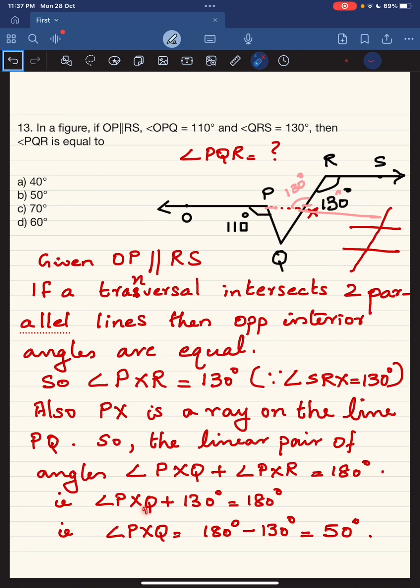So angle PXQ is equal to 180 degrees minus 130 degrees, which is 50 degrees. Sorry, not 130 degrees, angle PXQ is equal to 50 degrees.